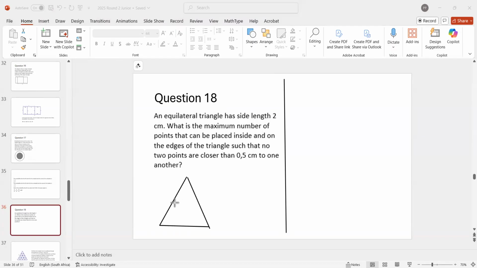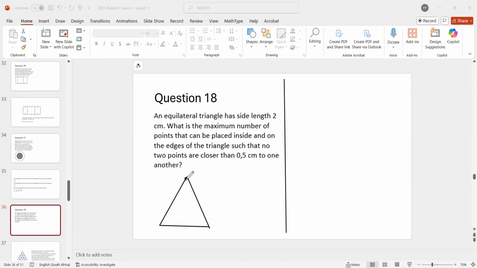Okay, the side is 2 centimeters. And you want to place points so that no 2 points are closer than 0.5. So suppose I start here. I'll put the first point here.